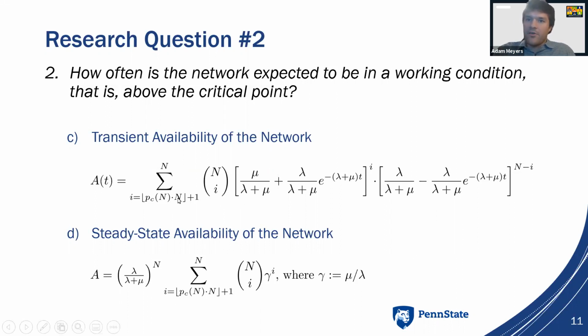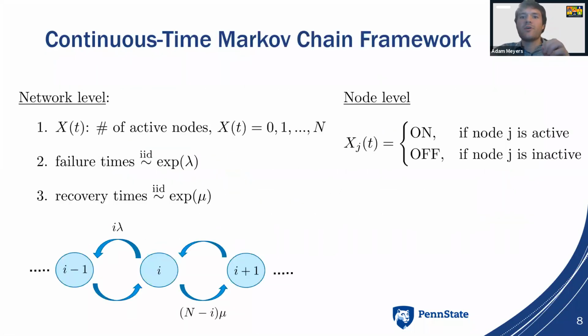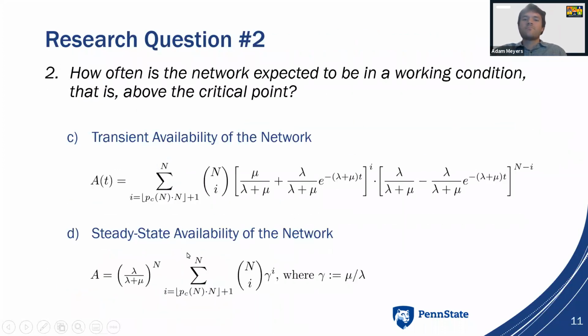Again, you have the failure state here. And here's the formulation, where mu is the recovery rate and lambda is the failure rate. If you take the limit of this as t goes to infinity, you can get the steady state availability of the network, which is sometimes more useful.